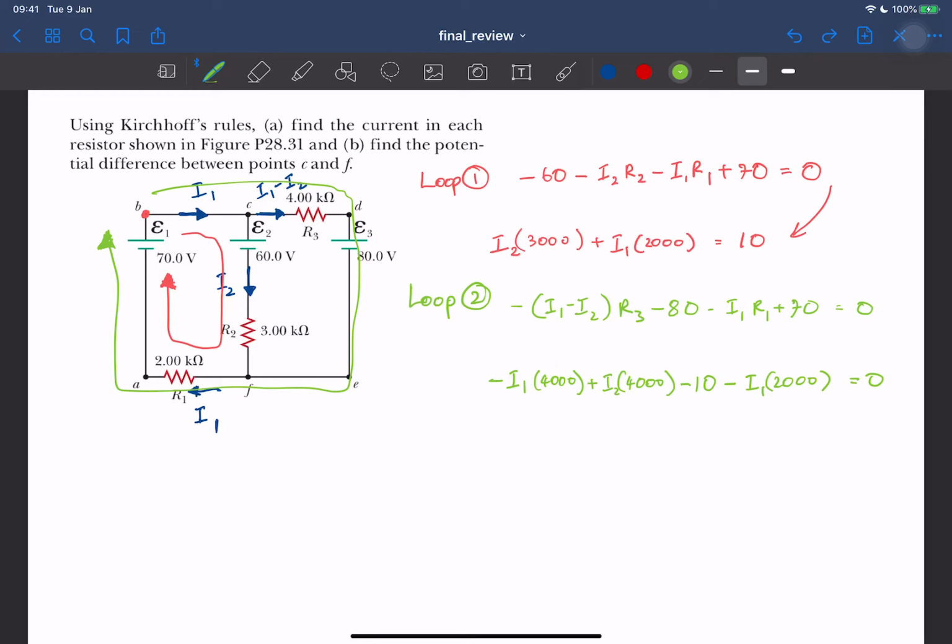So I get minus 6000 I1 plus 4000 I2 equals 10. I move this to the other side. And the only thing left to do is to solve these equations. So you have this equation, I2 times 3000 plus I1 times 2000 equals 10, and then you have another one here.